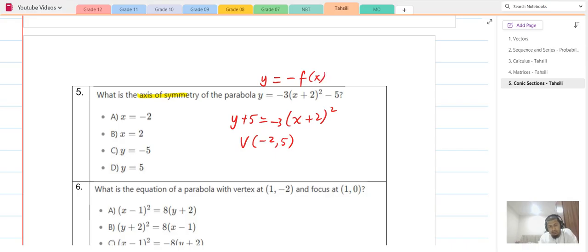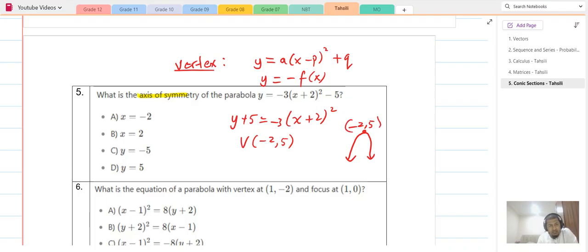Remember the standard form, the turning point form, a into x minus p all squared plus q. So p and q is your turning point, or your vertex. Remember, this is also the vertex form from grade 11 knowledge. We know that this parabola opens downwards, and we already know that the vertex is -2 and 5.